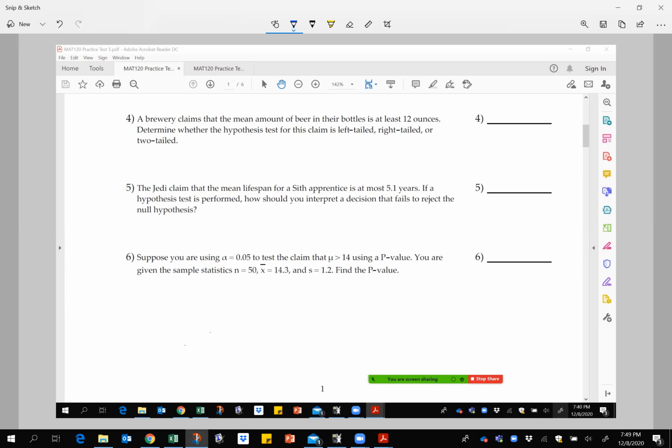If we have a large sample size, we're going to be using what's called the z test. So if n is greater than or equal to 30, we're able to use the z test. And in the event that n is less than 30 and sigma is unknown, we'll be able to use the t-test.